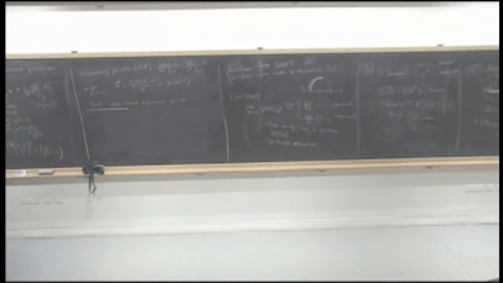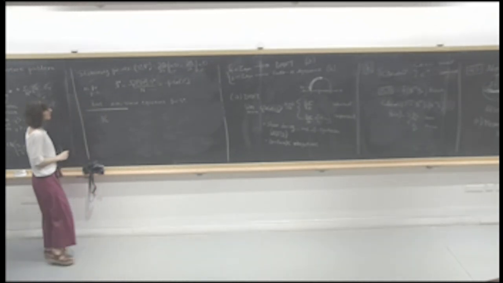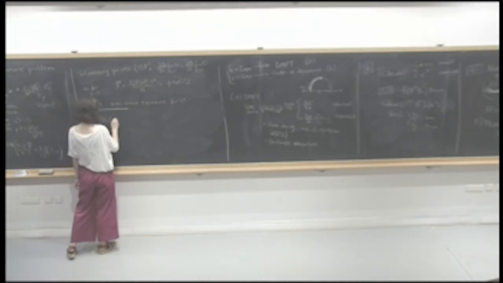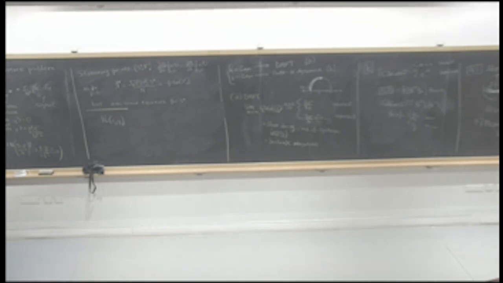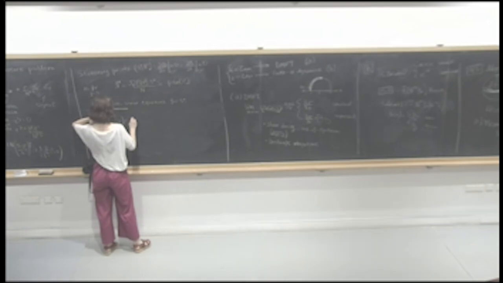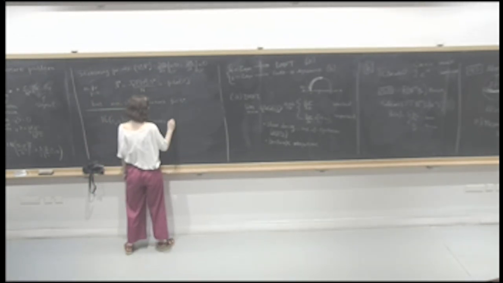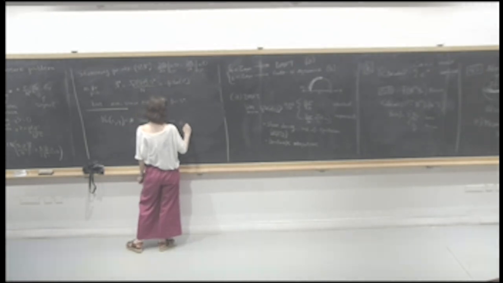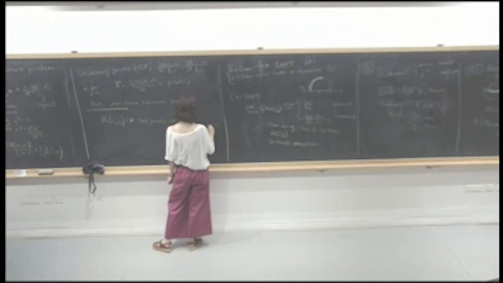Nevertheless, you still want to say something about the structure of this landscape, so let me introduce the same quantity that I was introducing before, this number of stationary points, and now I try to track both the energy density but also the overlap Q of the stationary point that I'm looking at with the signal. So this will be the number of stationary points S star with energy density epsilon n such that the overlap with the signal is equal to Q.